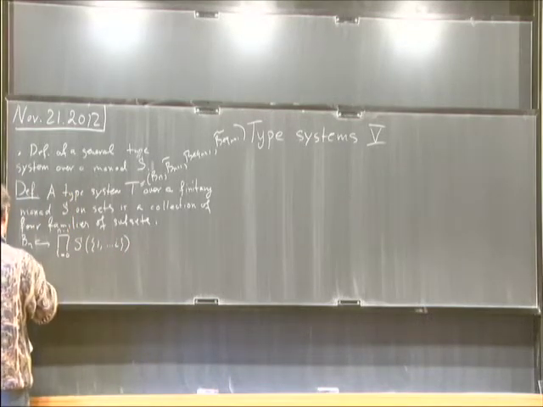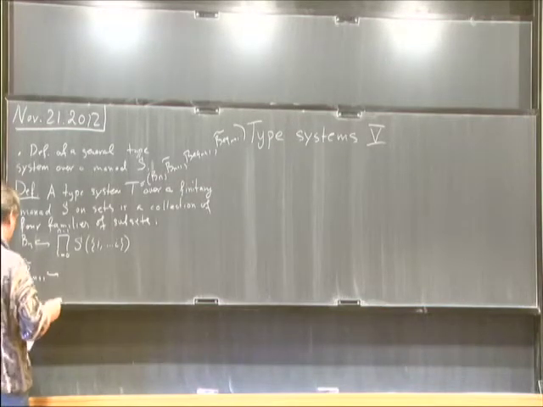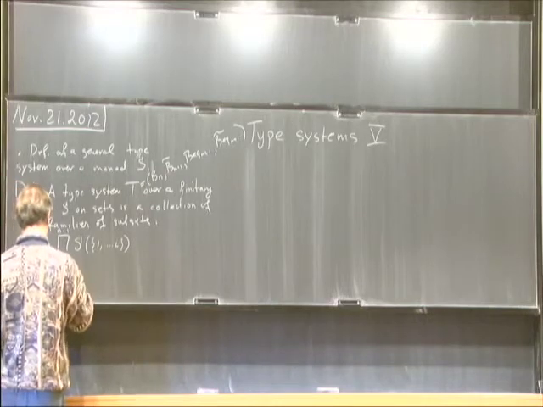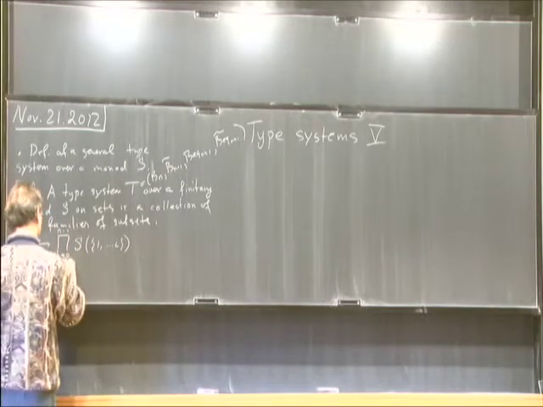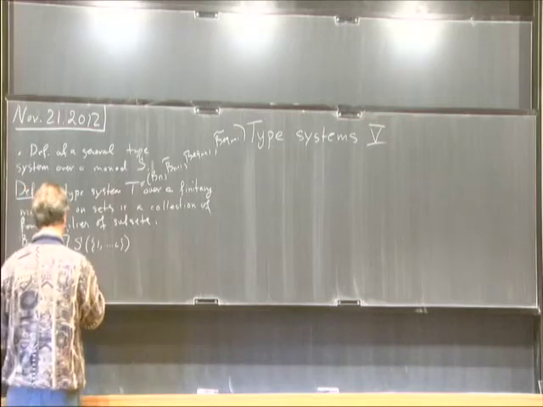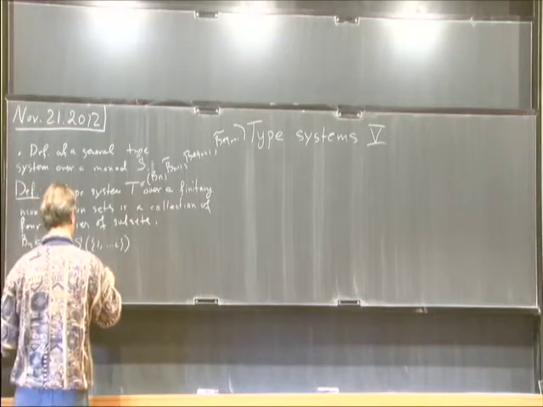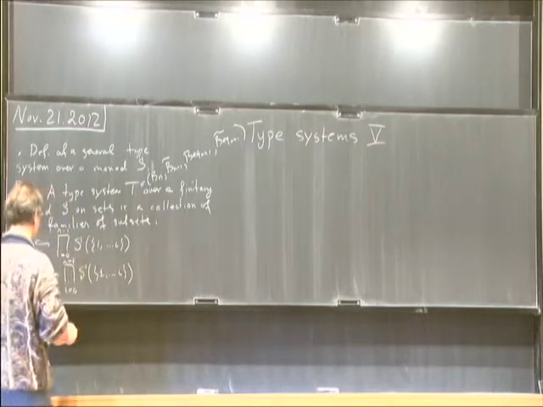Bn plus 1 tilde is a subset of the product over i equals 0 to n, I suppose, if it's n plus 1, S of 1 to i, or still n plus.